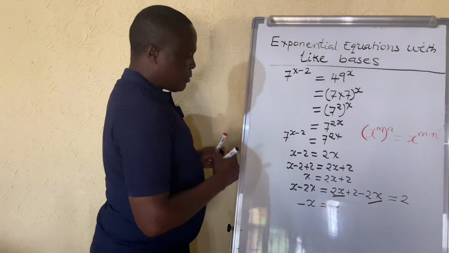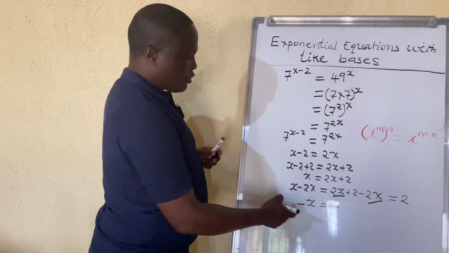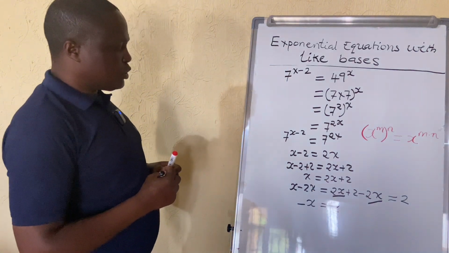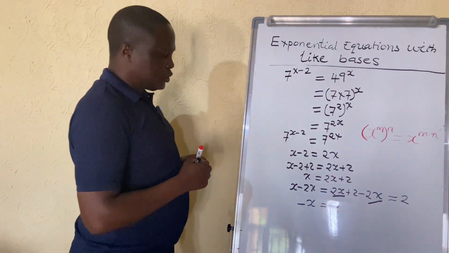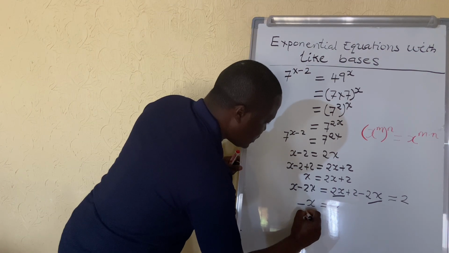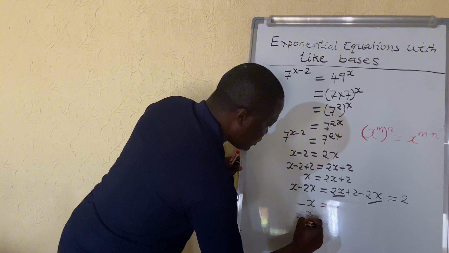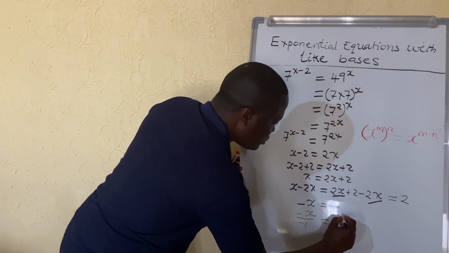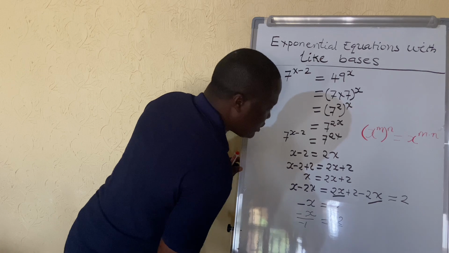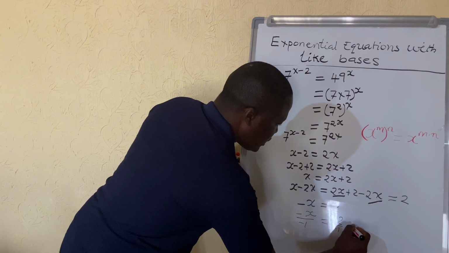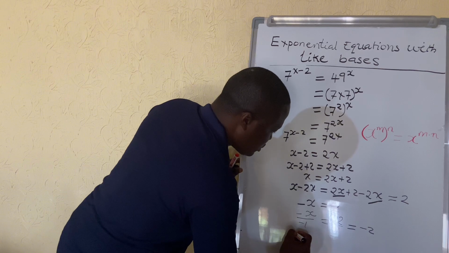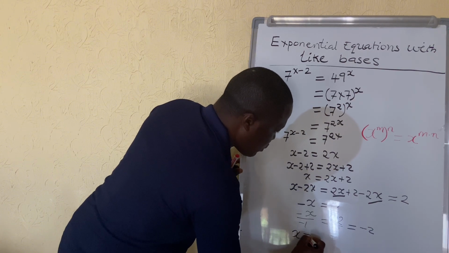Now, to make x the subject here, we either divide both sides by minus 1 or multiply both sides by minus 1. So if we do that, we have that minus x over minus 1 is equal to 2 over minus 1, and that is equal to minus 2. So x equals minus 2.